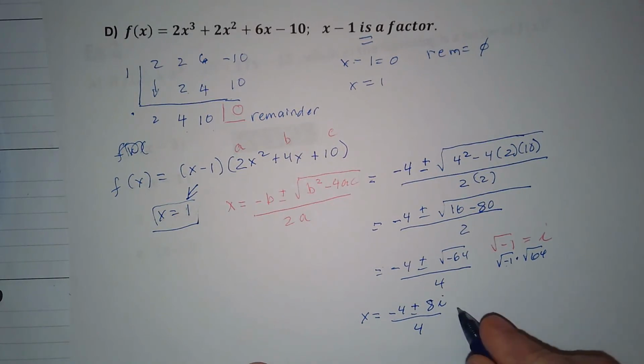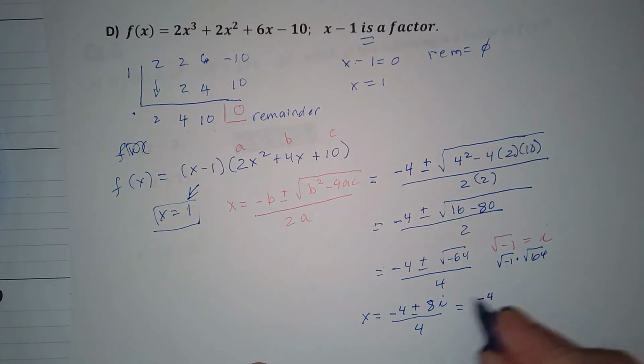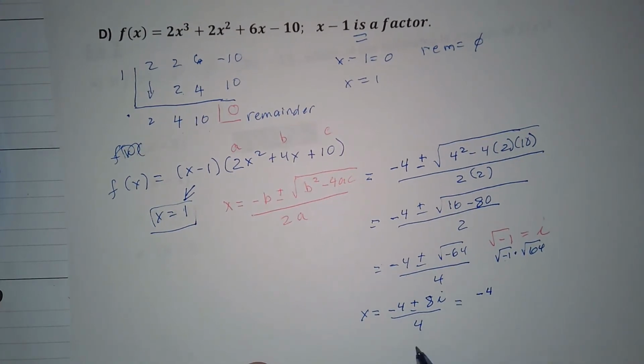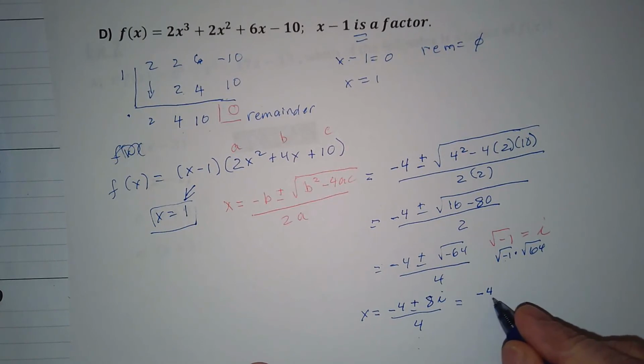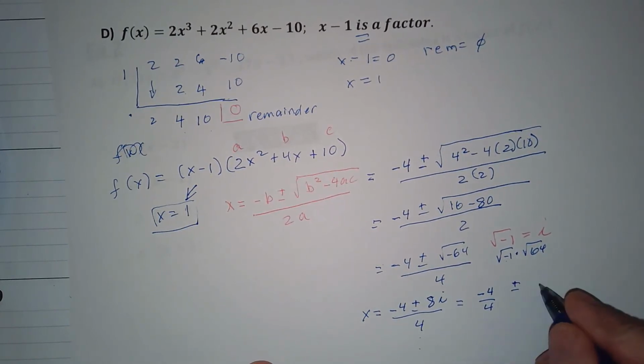So your solutions are negative 4, we can just divide this, take this 4, make it the denominator to both of the two terms at the top. You can do that. So negative 4 divided by 4, then plus or minus 8i divided by 4.